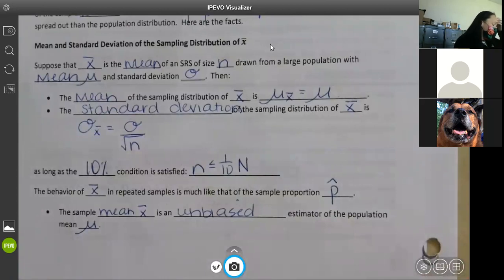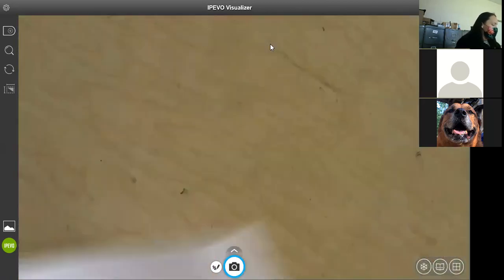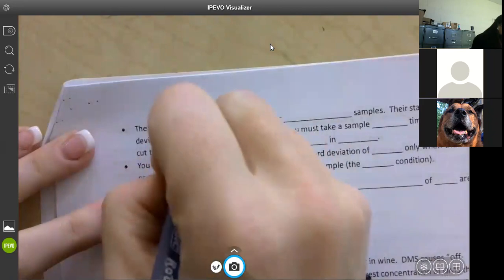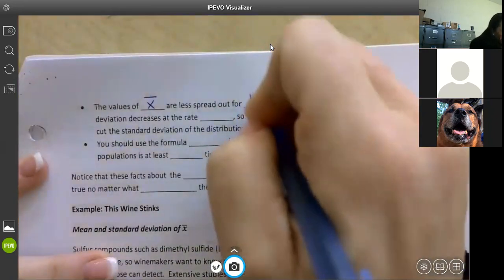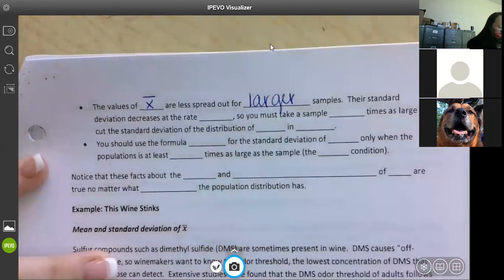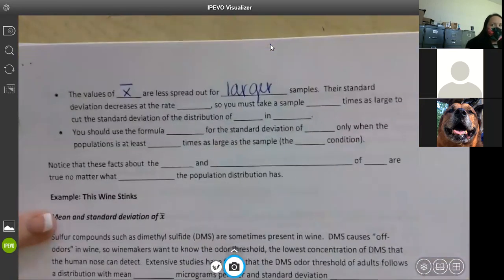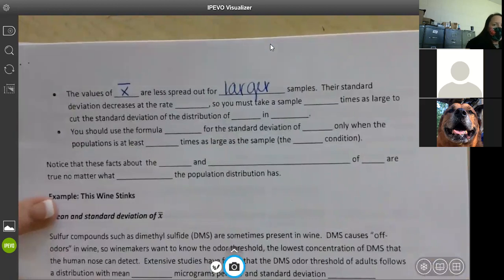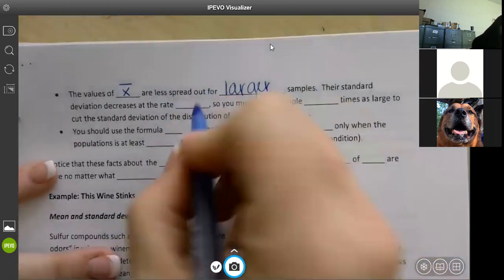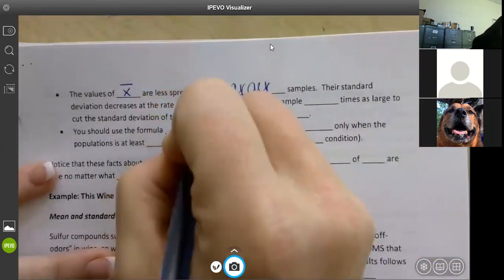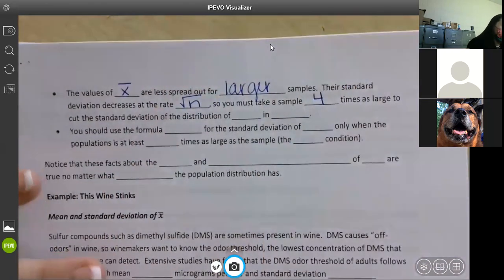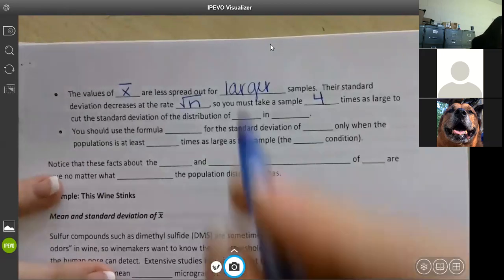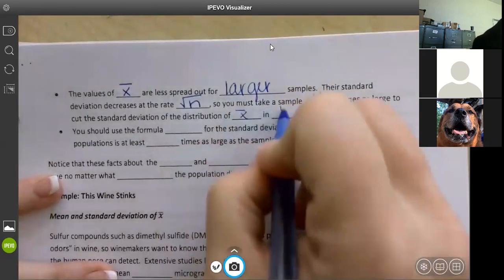Two more bullet points in this section. The values of X bar are less spread out for the larger samples. Remember, the larger sample, the less variation. Their standard deviation decreases at a rate of square root n. So you must take a sample, remember we said 4 times as large, to get the standard deviation of the distribution of X bar in half.